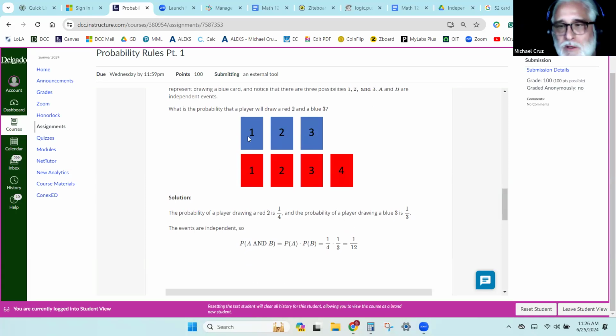All right. So there's 1, 2, 3, 4, 5, 6, 7 cards.